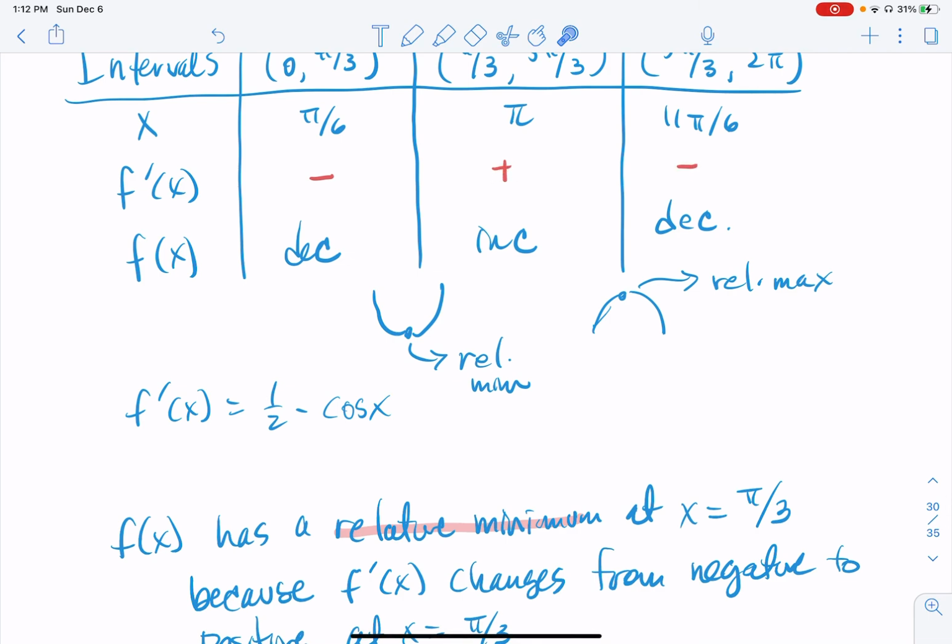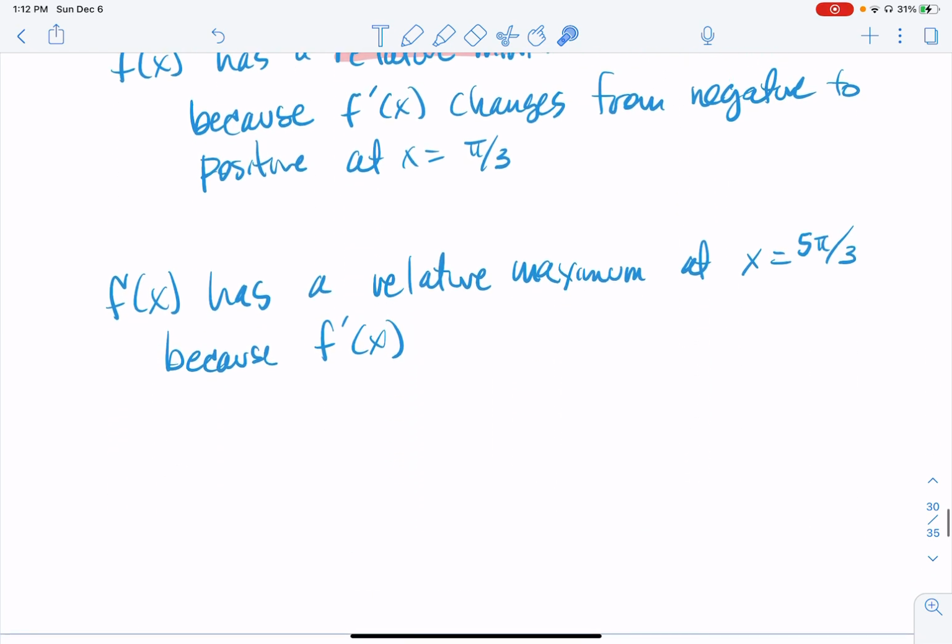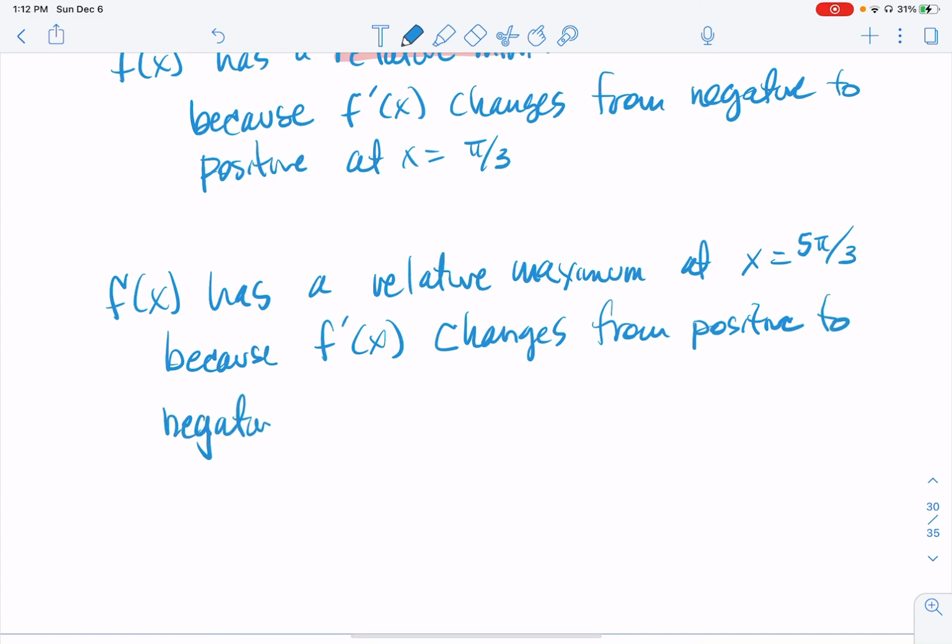Decreasing means that it was negative. It changed from positive to negative at x is equal to 5 pi over 3.